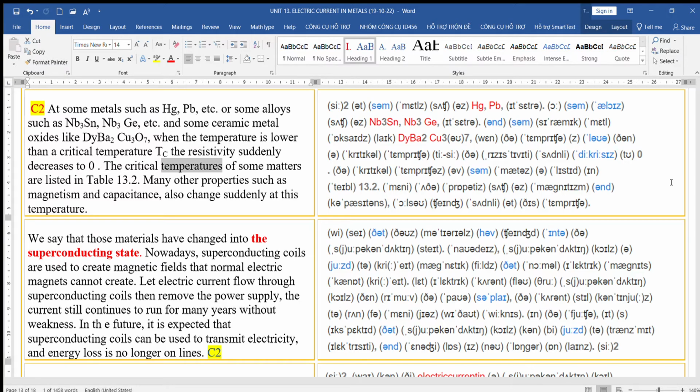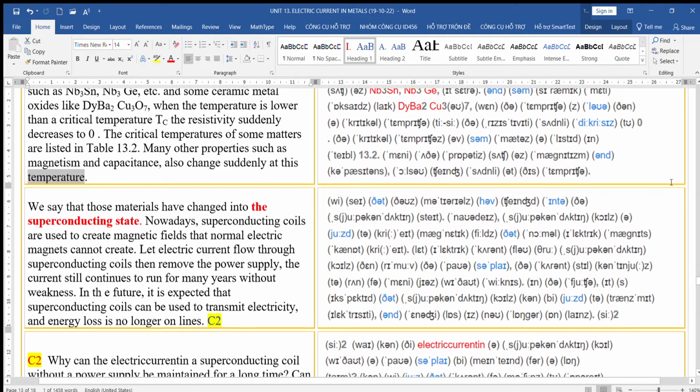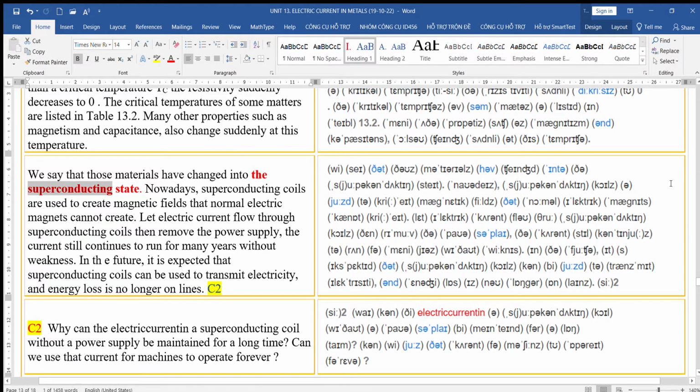The critical temperatures of some matters are listed in Table 13.2. Many other properties such as magnetism and capacitance also change suddenly at this temperature. We say that those materials have changed into the superconducting state.